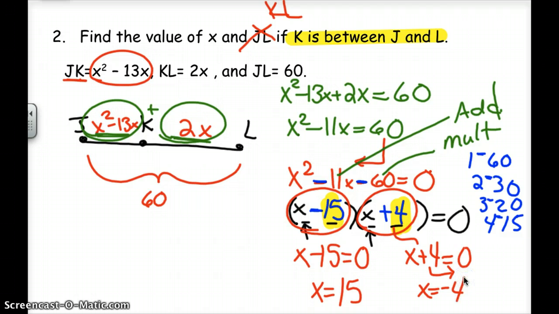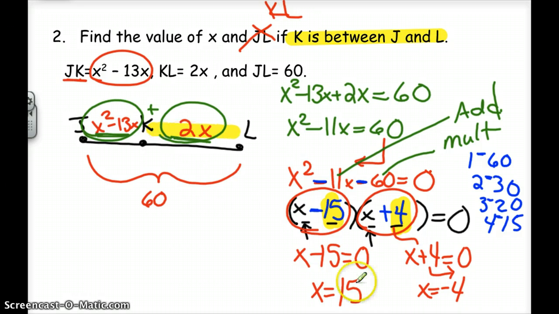Now at this point, maybe you're saying, okay, I have my answer, I'm gonna go ahead and box my answer in. In geometry, we need to be thinking about, is this answer going to be a correct answer in my solution? I'm talking about line segments here, people. I'm talking about the length of KL.